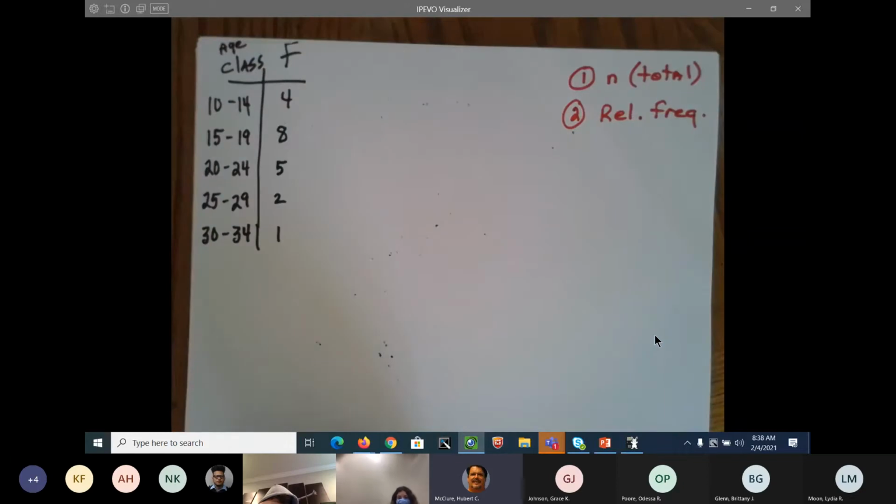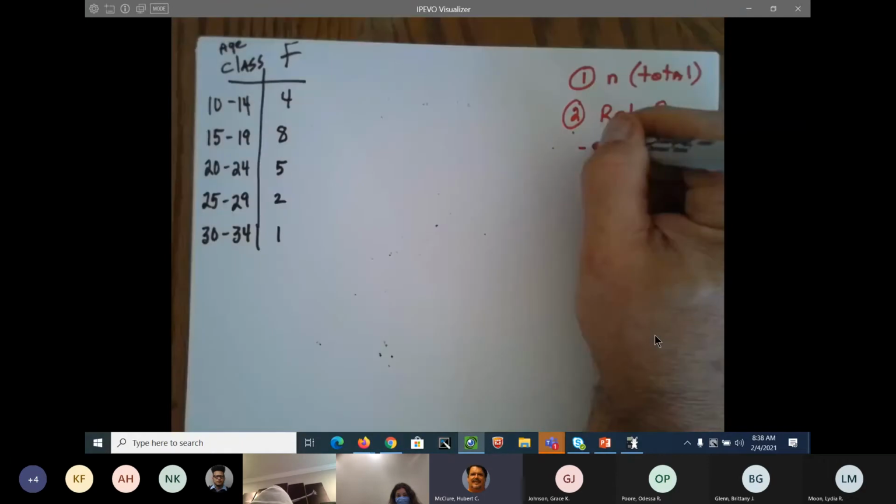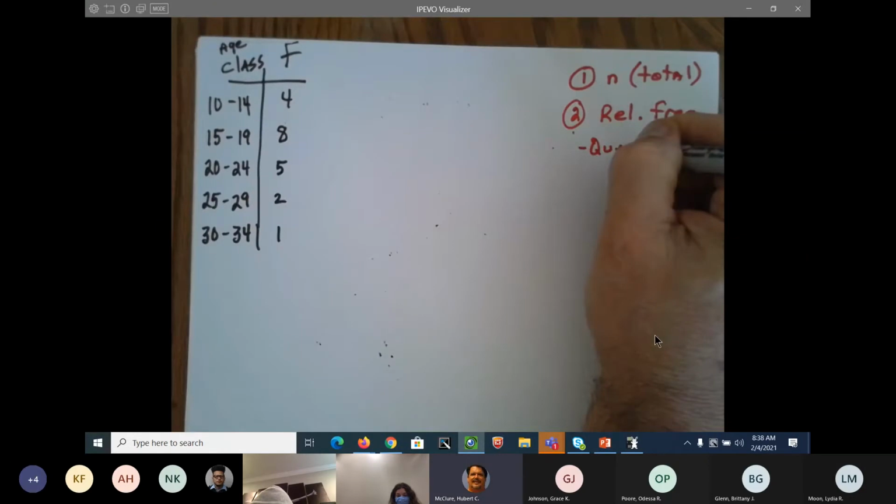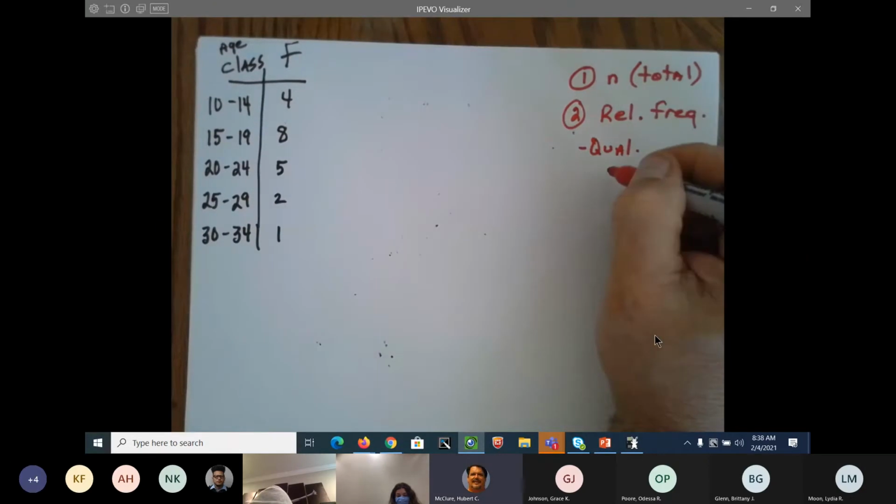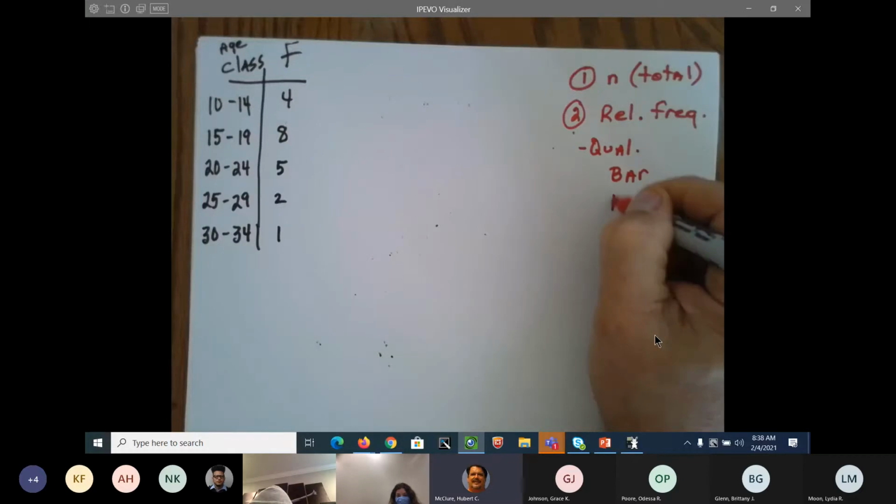For qualitative, they may ask you to do more in terms of a bar chart or a pie chart.